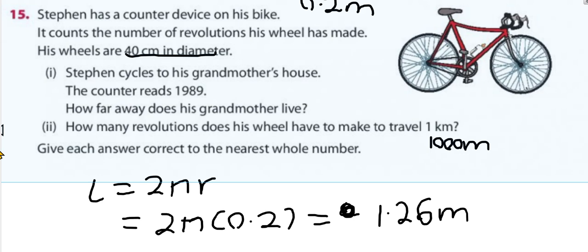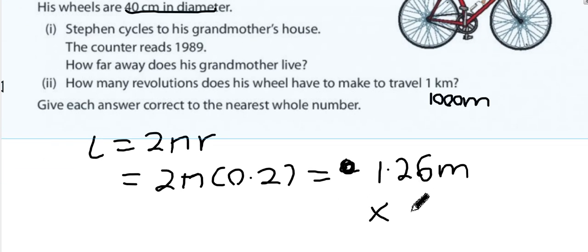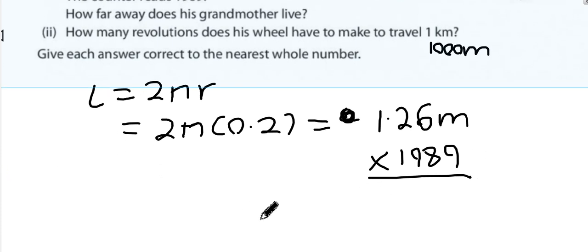Now grab that number and multiply it by 1989. And what do we get? I don't want it in centimeters.